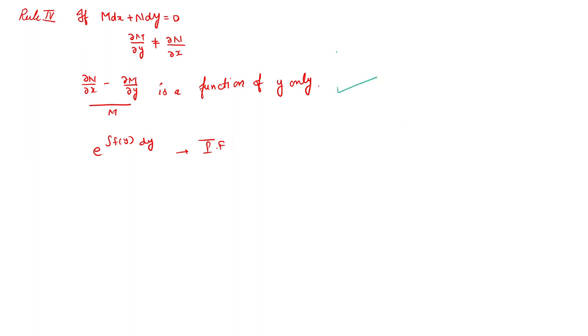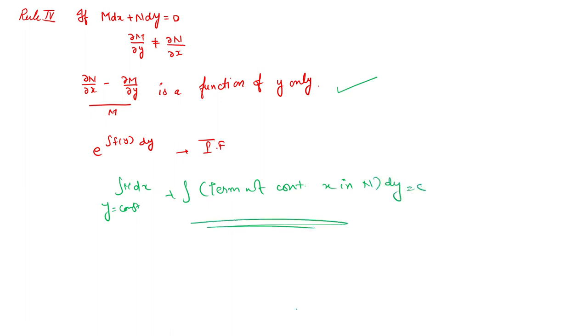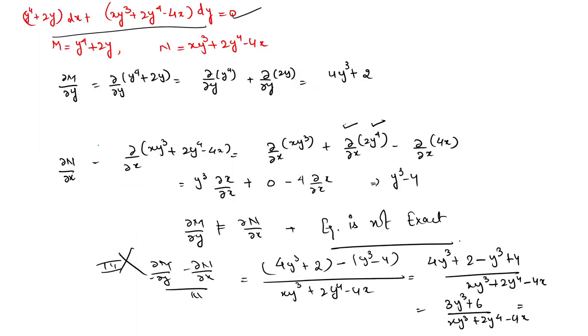After finding the integrating factor, we will multiply it with our differential equation, and then we will solve our differential equation with the simple method, that is integral of M dx, y is constant, plus terms not containing x in N dy is equal to c. So the same thing we have done. We took an example where we see that the equation is not exact, because in this case it has different values.